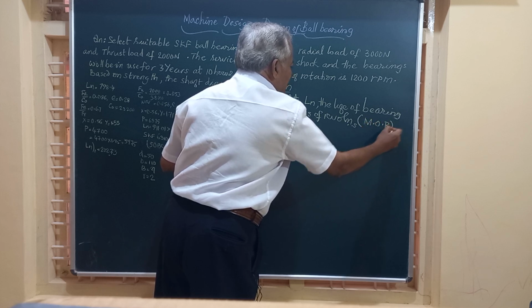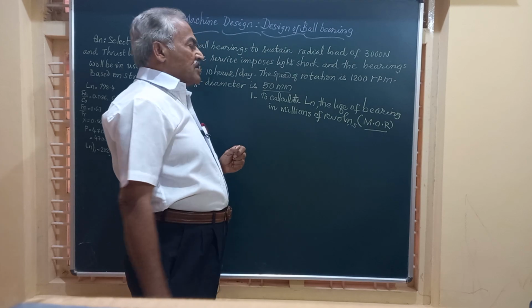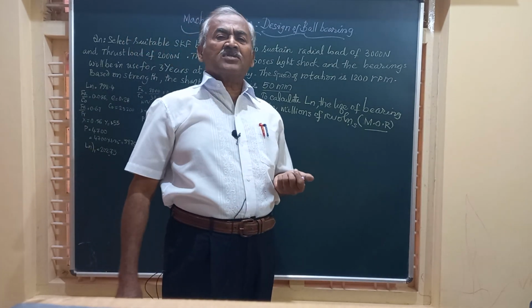In short form, I call it MOR, millions of revolution. So friends, how to calculate this Ln?